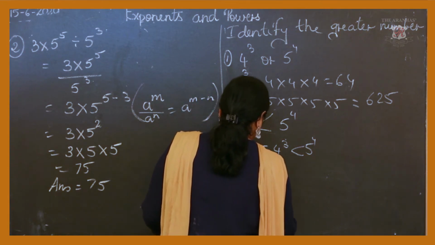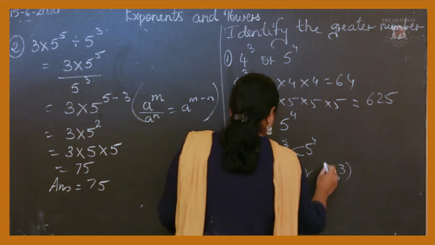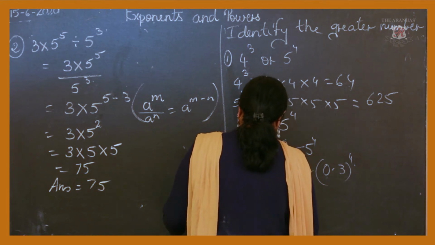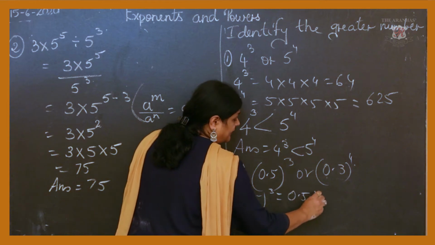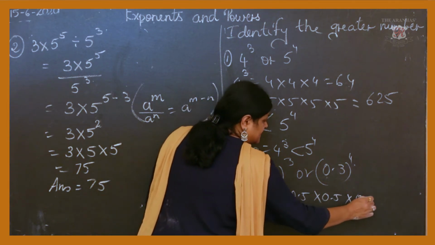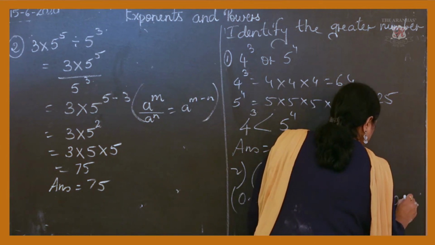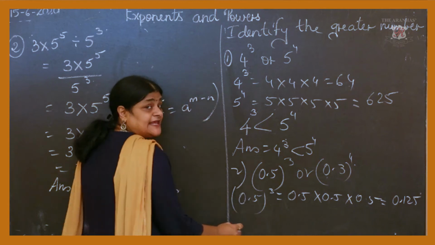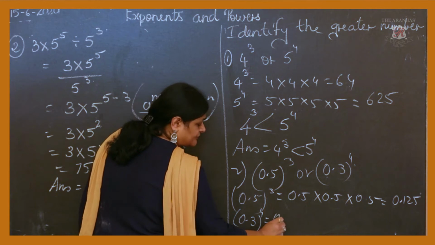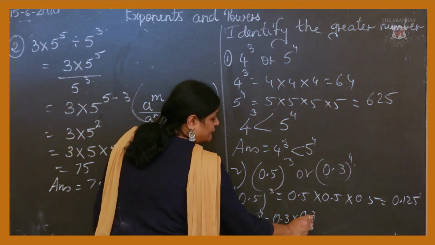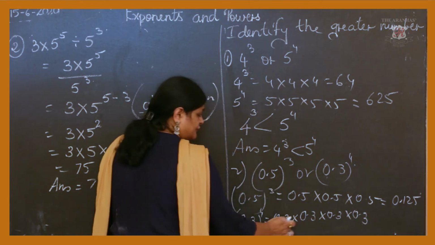You can take one more sum. 0.5 cubed or 0.3 to the power of 4. So here 0.5 cubed will give you 0.5 into 0.5 into 0.5, which is equal to 0.125 when you are multiplying it. Next, 0.3 to the power of 4 is equal to 0.3 into 0.3 into 0.3 into 0.3. 1, 2, 3, 4.